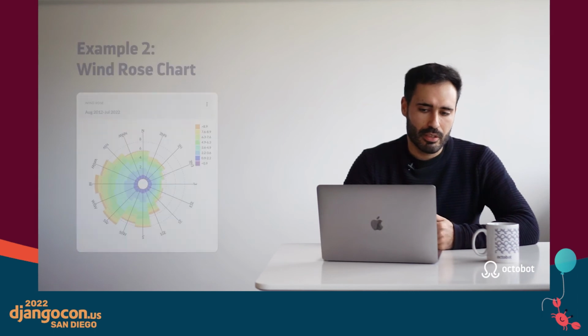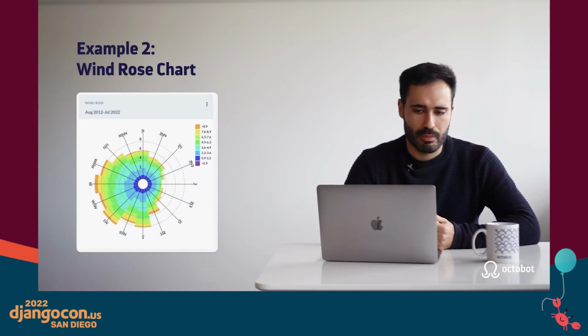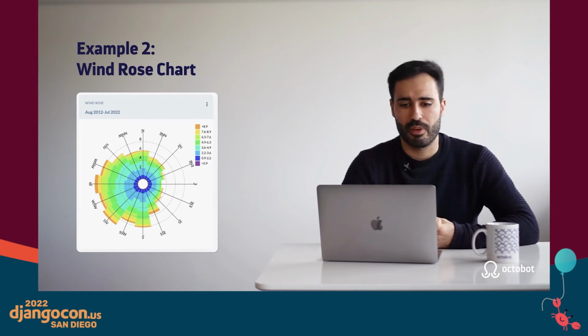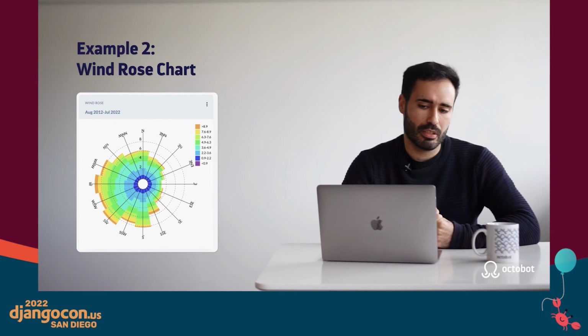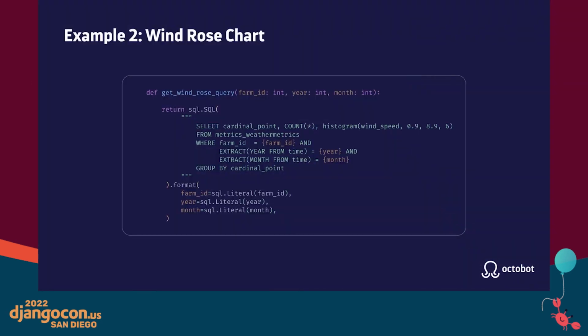Another example, and this is also another screenshot from our application, is the windrose charts. For those who are not familiar with windrose charts, it basically tells us the wind distribution for a period of time. So here is a query we used.